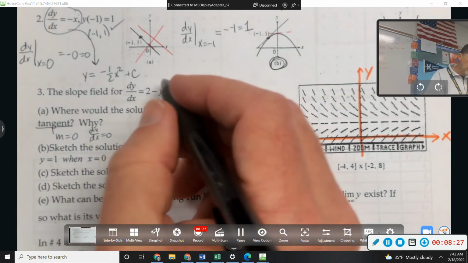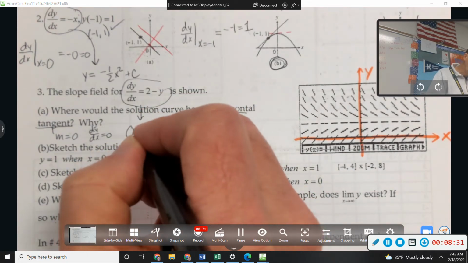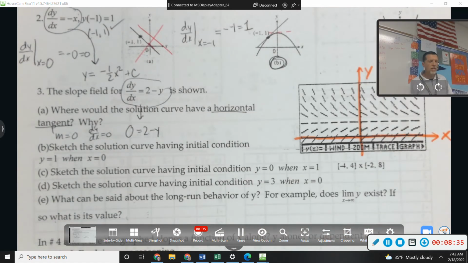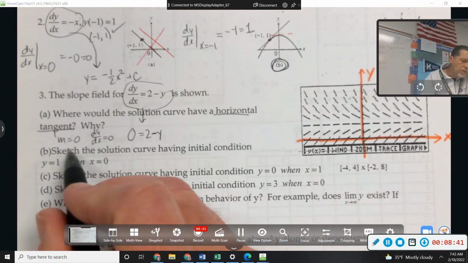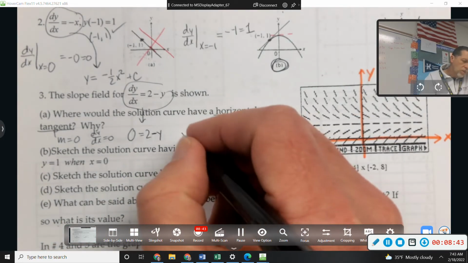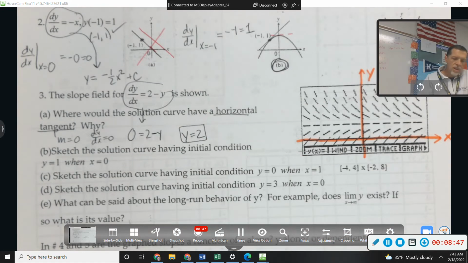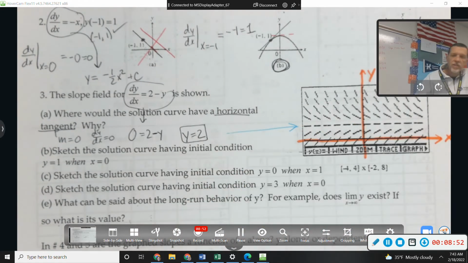So look at our equation. If we put 0 in for dy dx, we're really not looking at the picture yet. Horizontal tangent means slope is 0, so at y equals 2. And sure enough, if you look at the graph, there looks like something horizontal is going on at y equals 2.